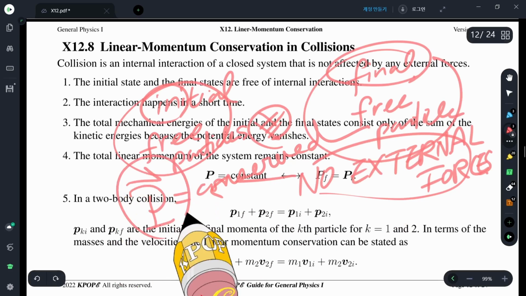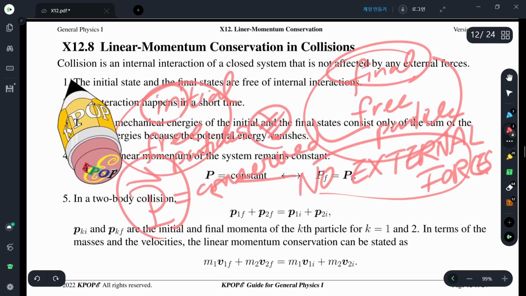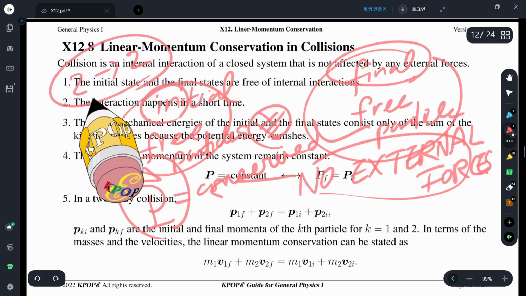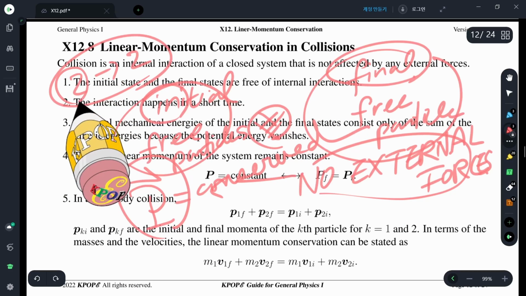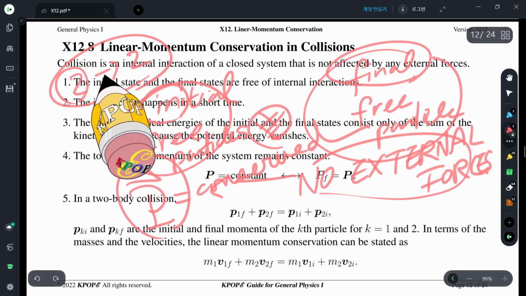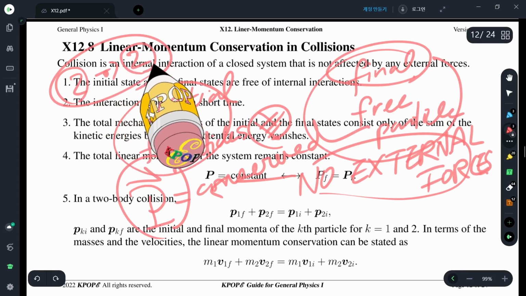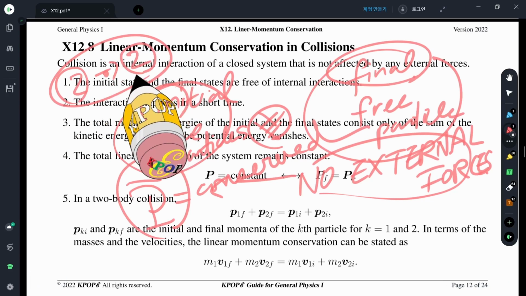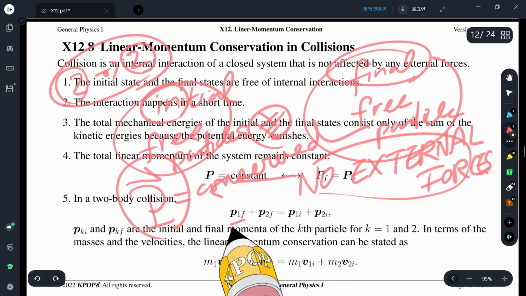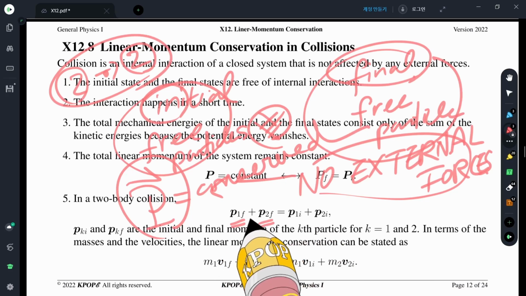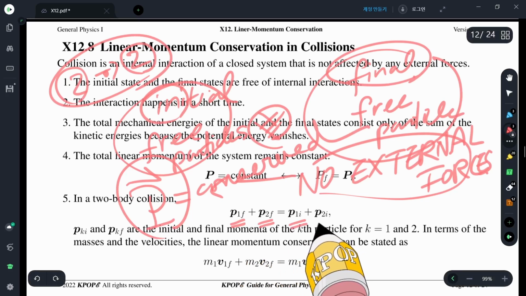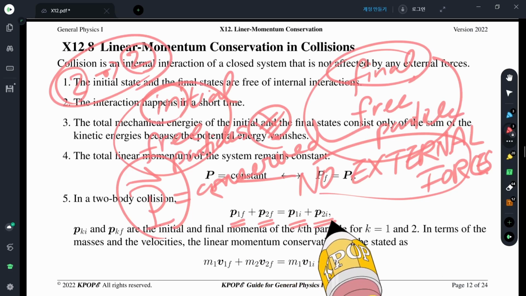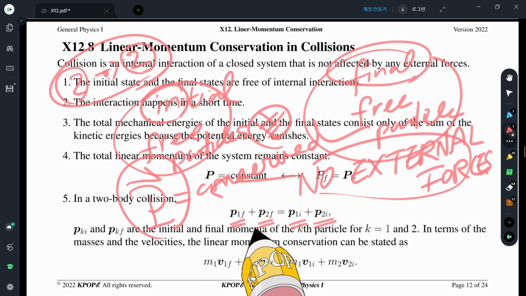Total linear momentum is conserved, so if we consider 2 by 2, two free particles interact with each other for a short time and become two final state particles, then the sum of the momenta for the initial state particles should be the same as the final state momentum.